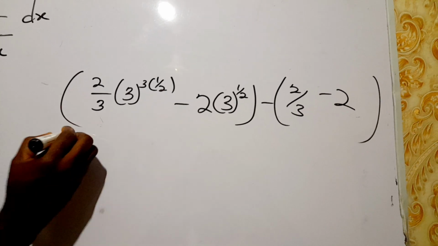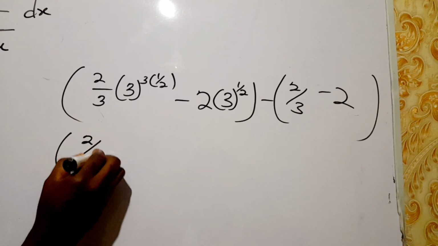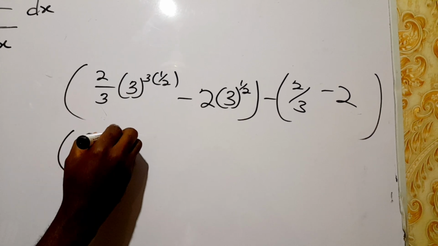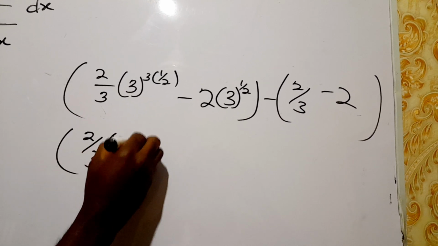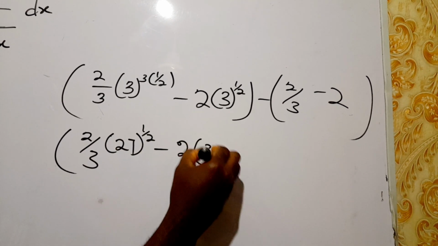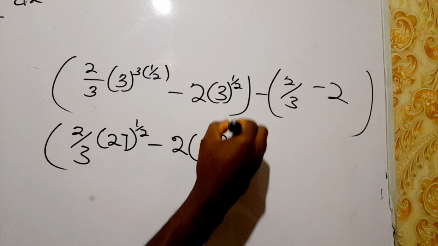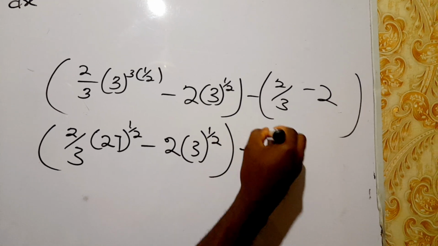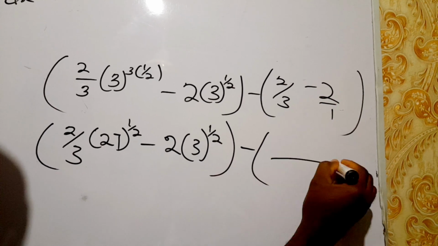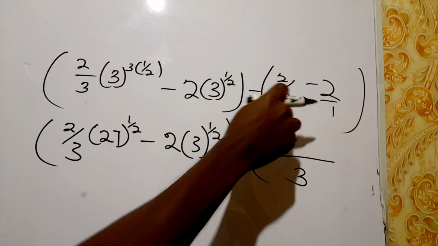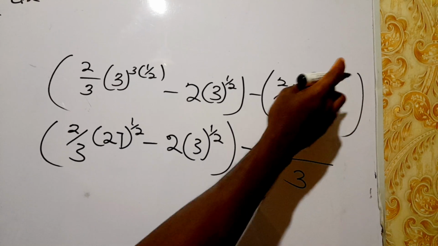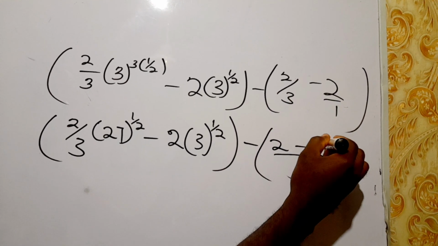So from here we can say this is 2/3, 3 cubed is 27, so we can say 27 exponent half minus 2, 3 exponent half, then minus, we can find the LCM here. The LCM there is 3. 3 into itself will be 1 times 2 will be 2. 1 into 3 will be 3 times 2 will be 6.